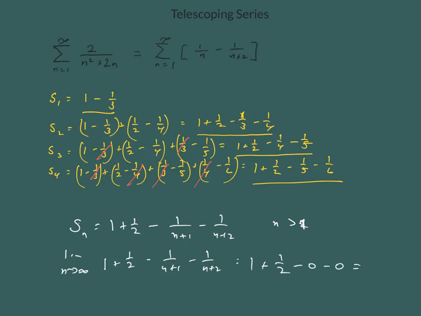So the sequence of partial sums converges to 3/2, and so this series converges to 3/2. Take a minute, look through this problem, make sure you're comfortable with everything I did, and then once you are, we can move on.